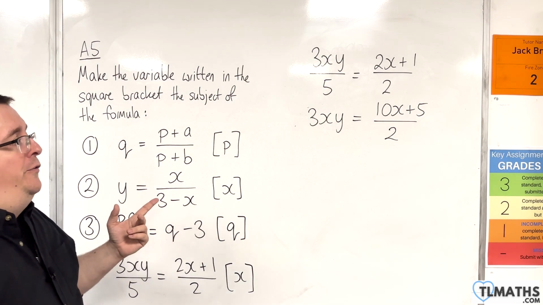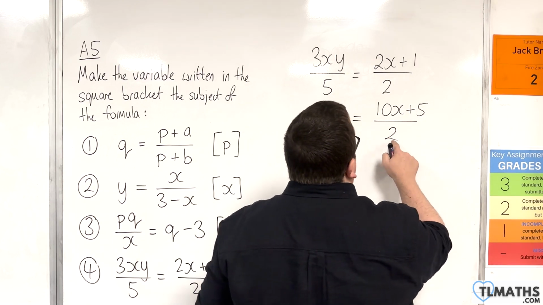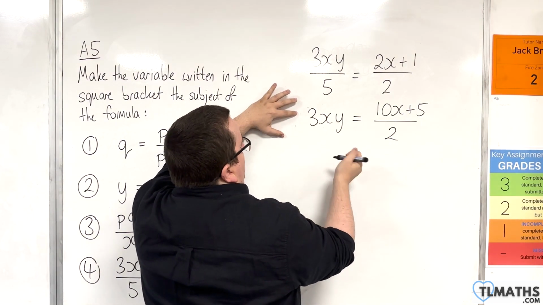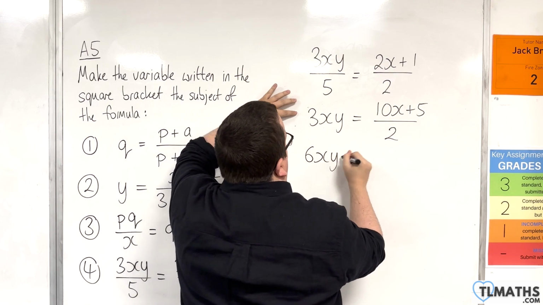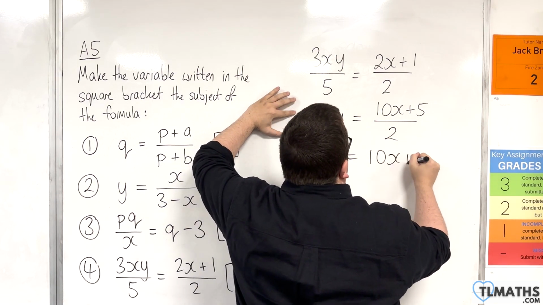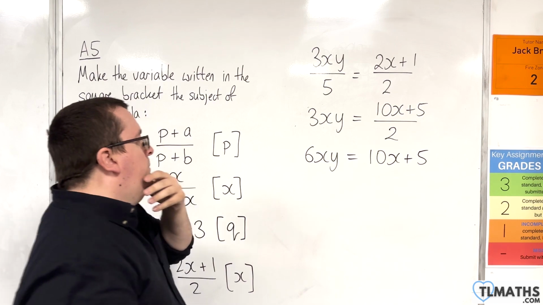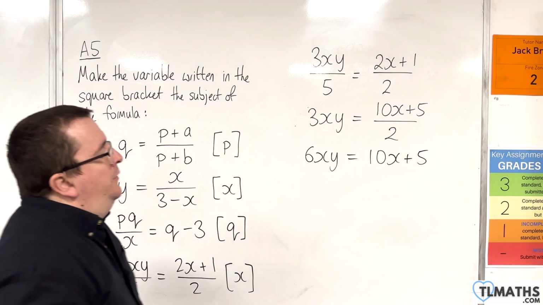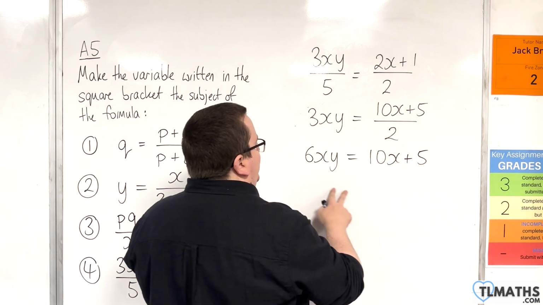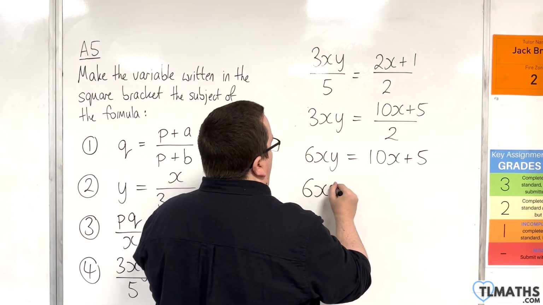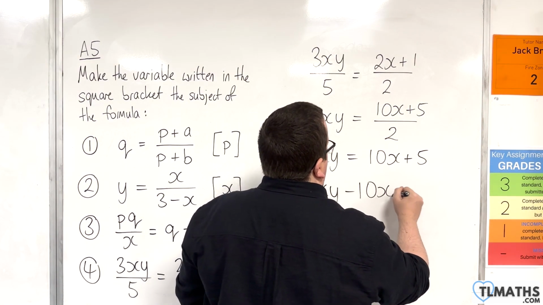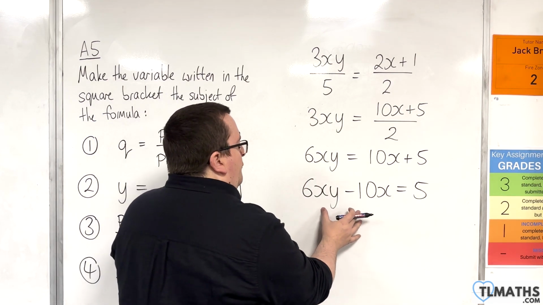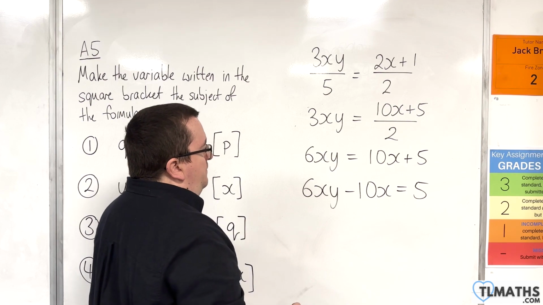Now I'm going to multiply both sides by the 2. Gets rid of this denominator as well. So easily 3xy times 2 is just going to be 6xy. That's 10x plus 5. Okay, we want to make x the subject, remember? So I'm going to take 10x from both sides, get all the x's onto the left-hand side. Then I can factorise that left-hand side.